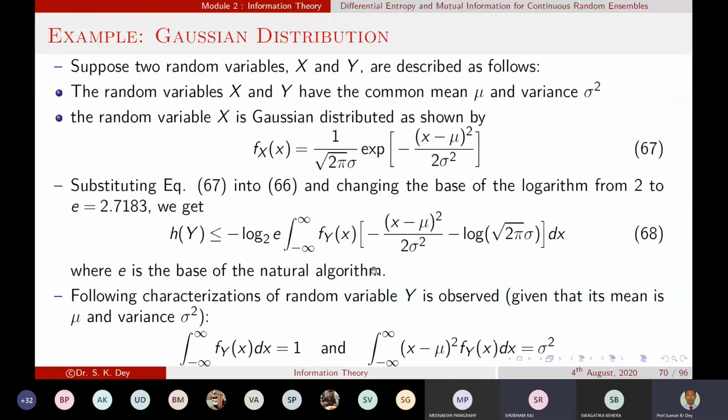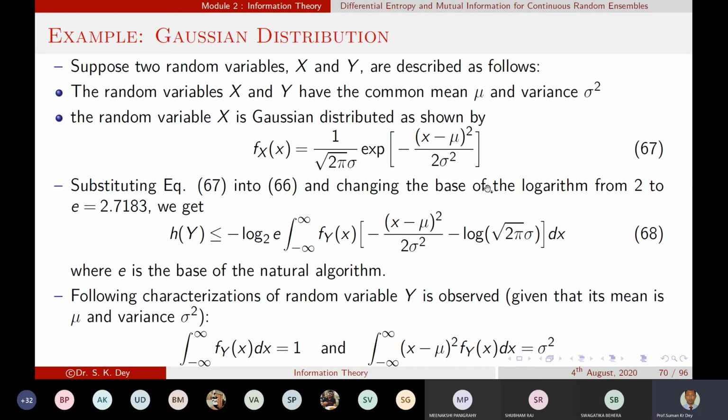So now if you multiply n number of the right hand side terms in equation 67, what will we get? This is the Gaussian distribution function for a single random variable, where mu is the mean and sigma square is the variance.